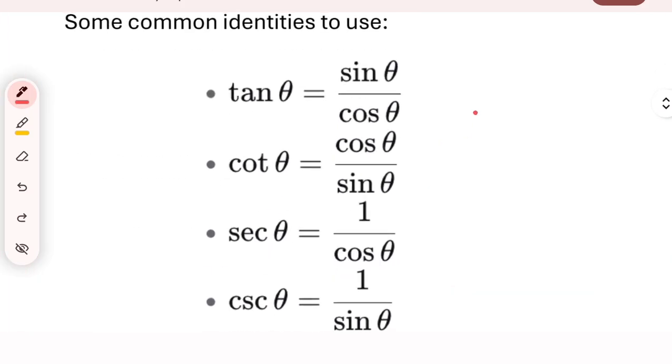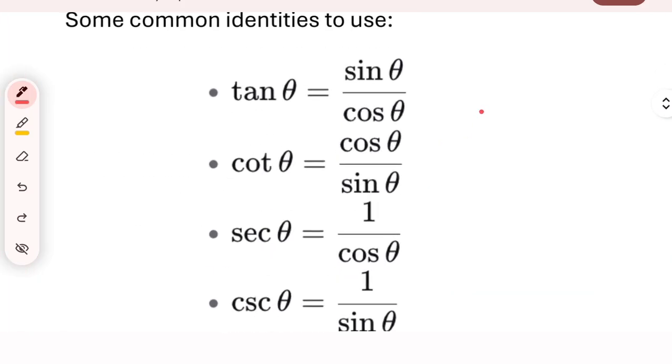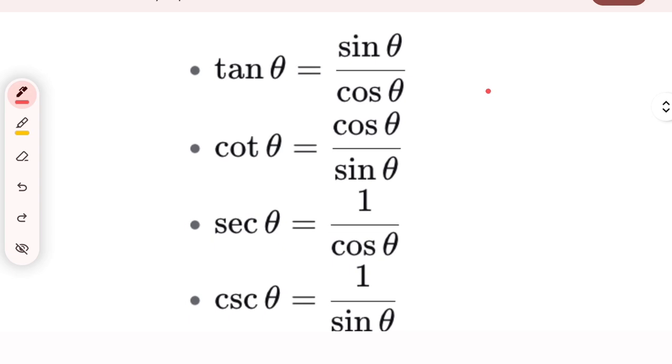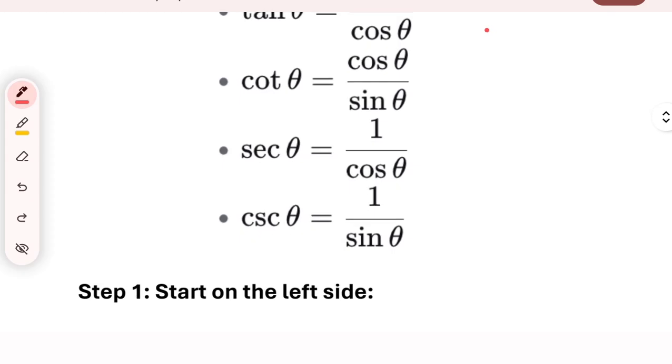And of course, we have here a list of some of the common identities that we could use, because that is actually step 2. Step 2 is to replace complicated functions with simpler ones like the sine and the cosine, if possible. When you cannot replace it, then don't.